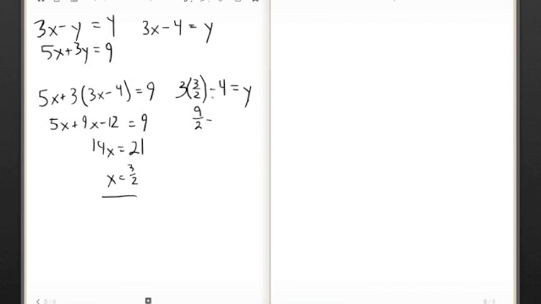Negative 4, if we want to rewrite that with the denominator of 2, is going to be negative 8 over 2. And so y is going to be equal to 9 over 2 minus 8 over 2, which is 1/2. So here the point of intersection is 3 over 2, 1 over 2.